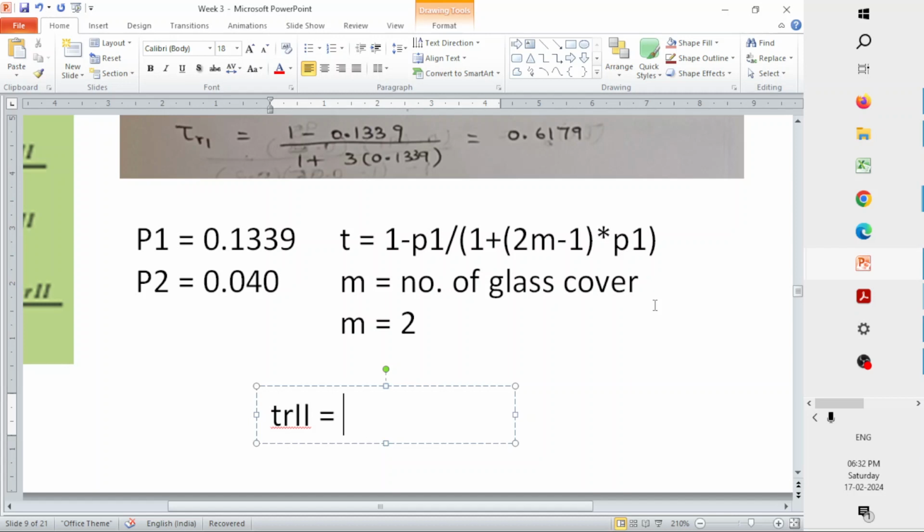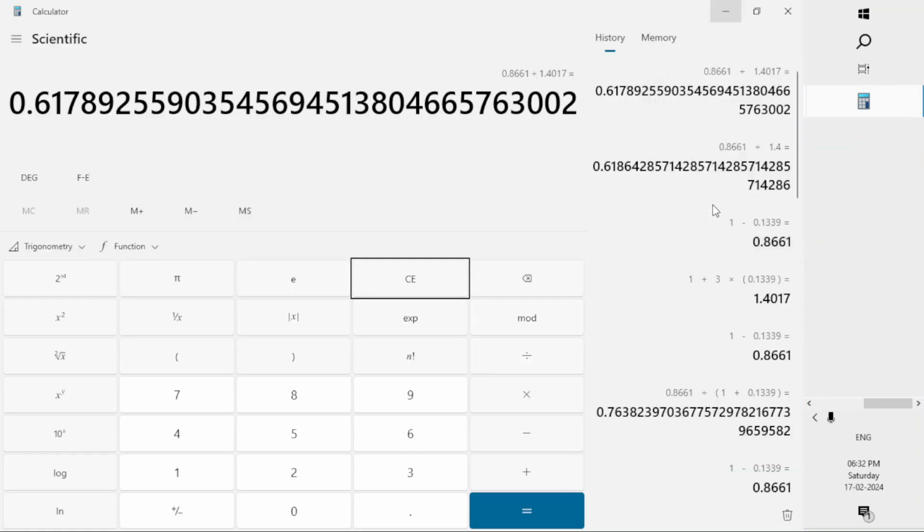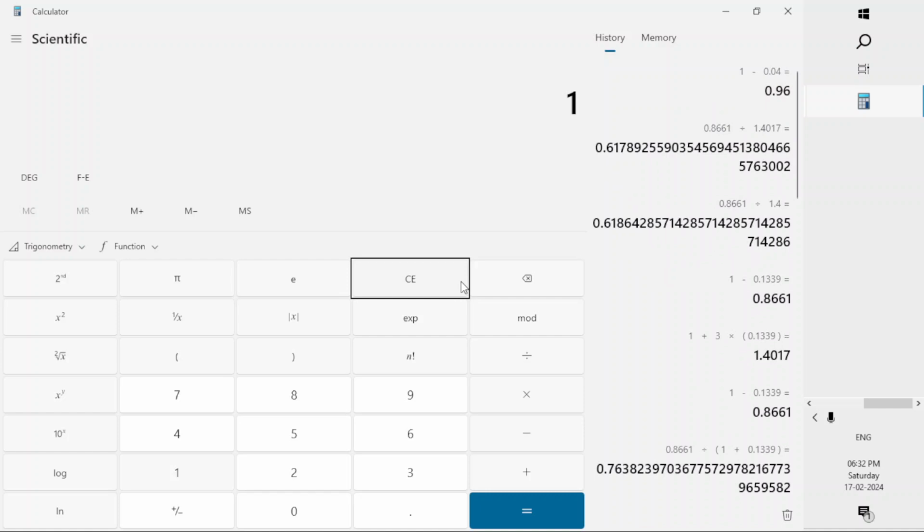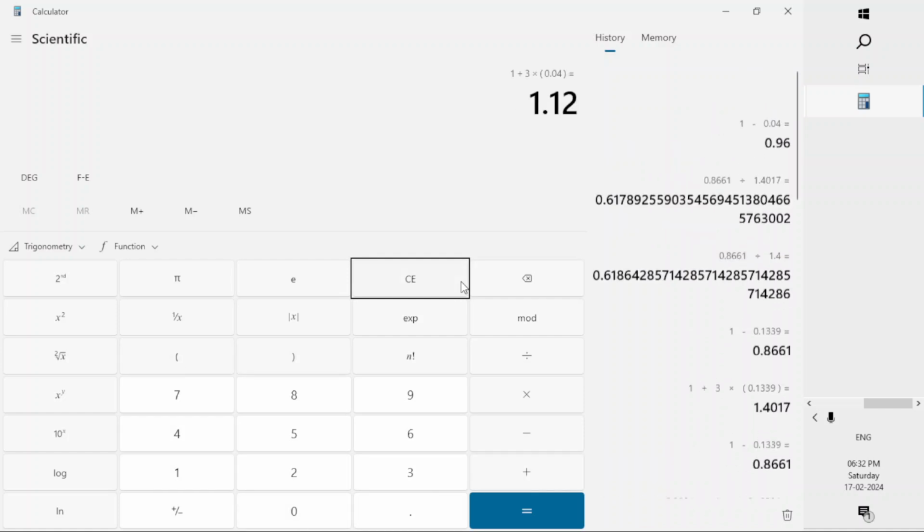So now let me know the value of tau R2. Yes, it's simple. 1 minus 0.04 divided by 1 plus 3 times 0.04. 1 minus 0.04 is 0.96, and 1 plus 3 times 0.04 is approximately 1.12.